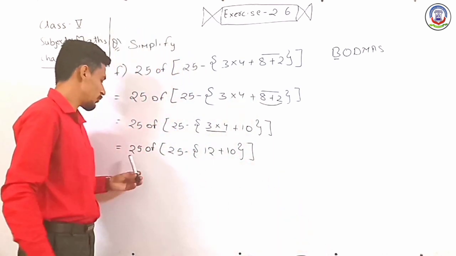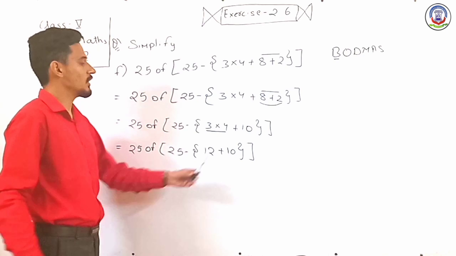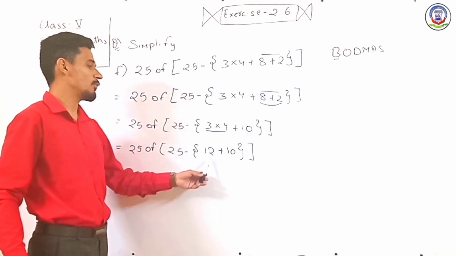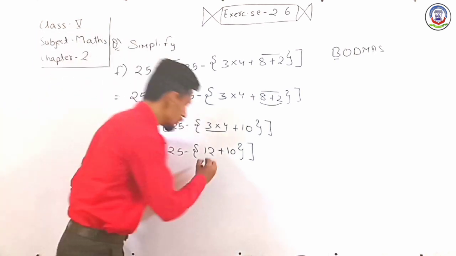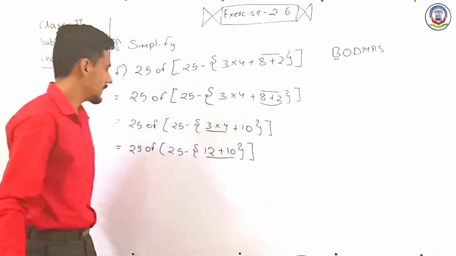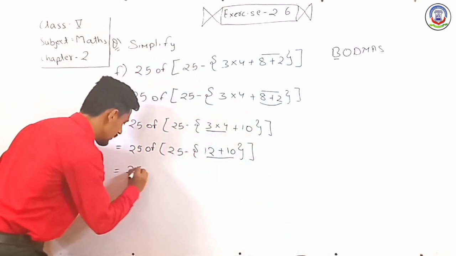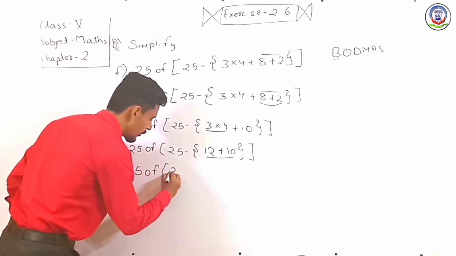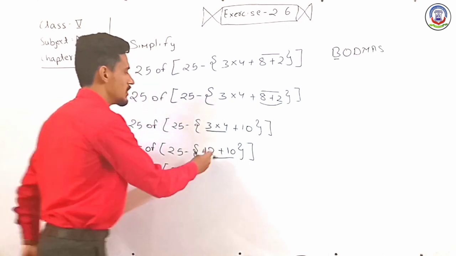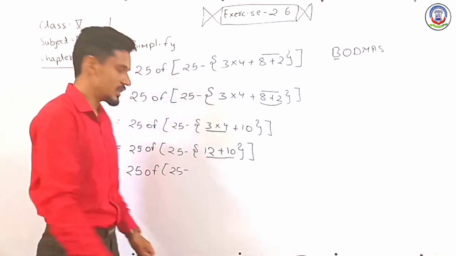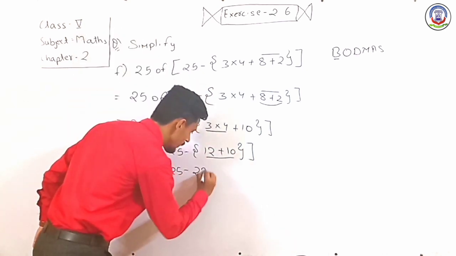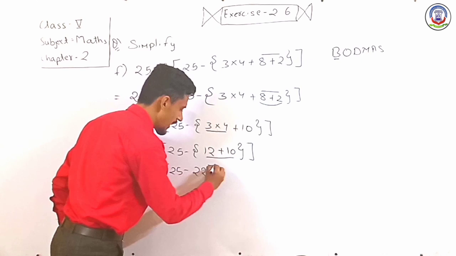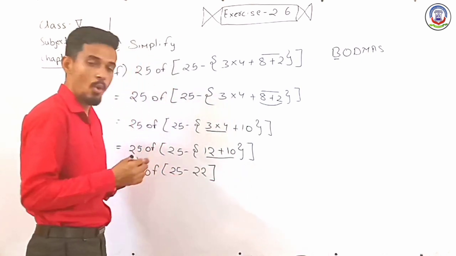Now we have to solve 12 plus 10, which is 22. So we write here 22 and the curly bracket is over.